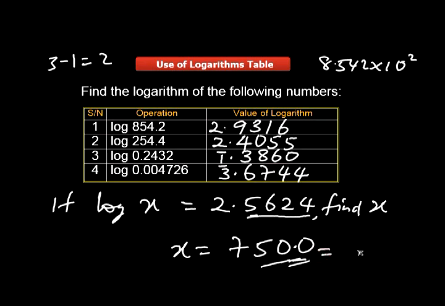You can just say 750. That's the answer. You can even go back to your table and check the log of this number. Say the log of x is this. What's the number? This is the number. If you check the log of this number, you may have some little difference, which is as a result of the differences.